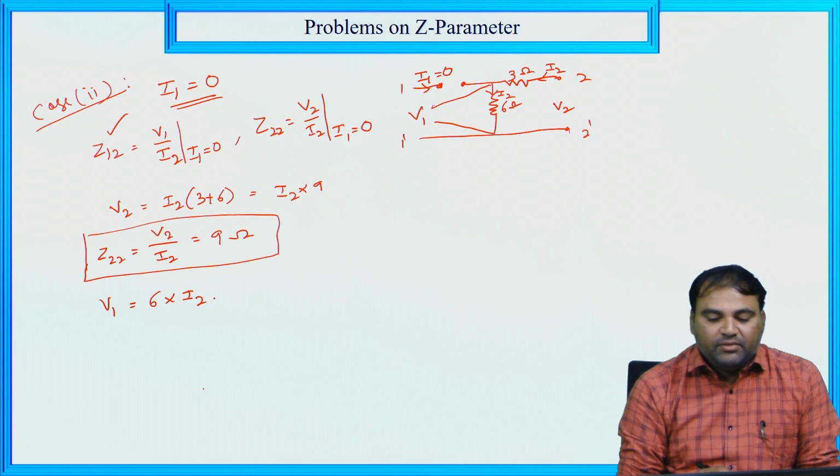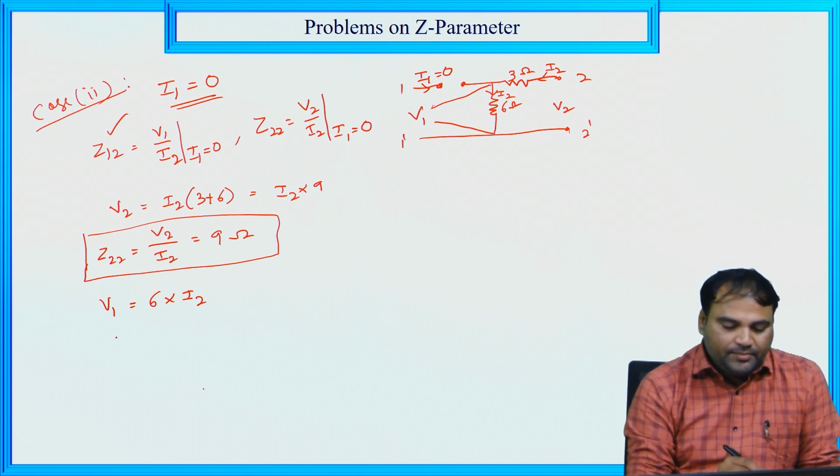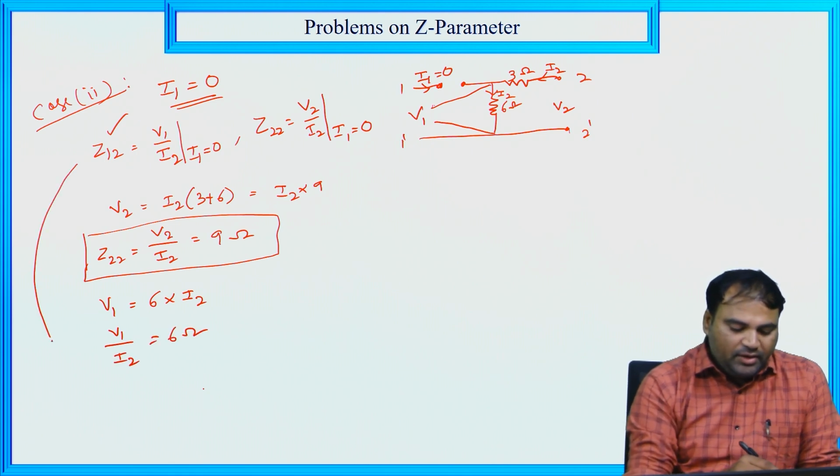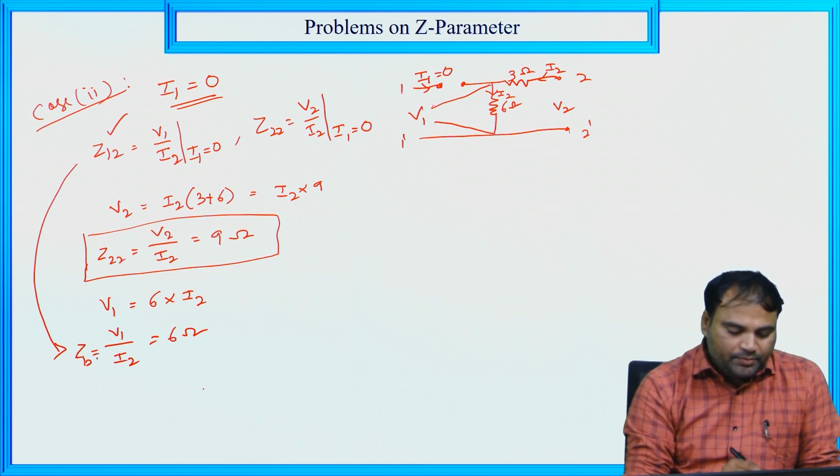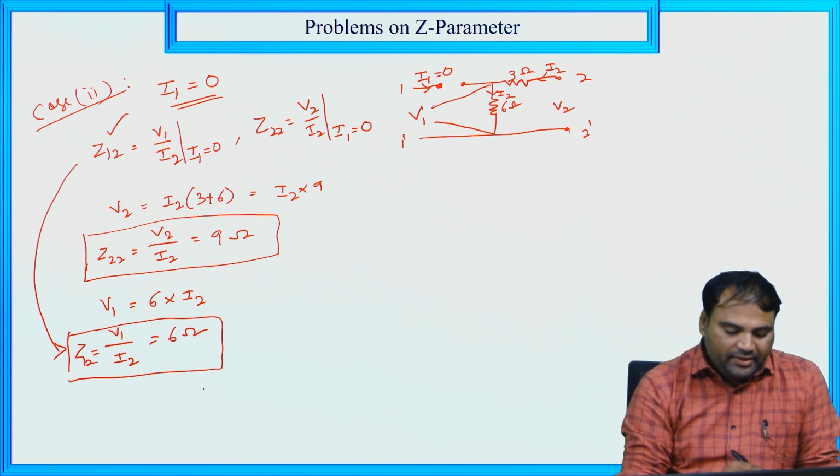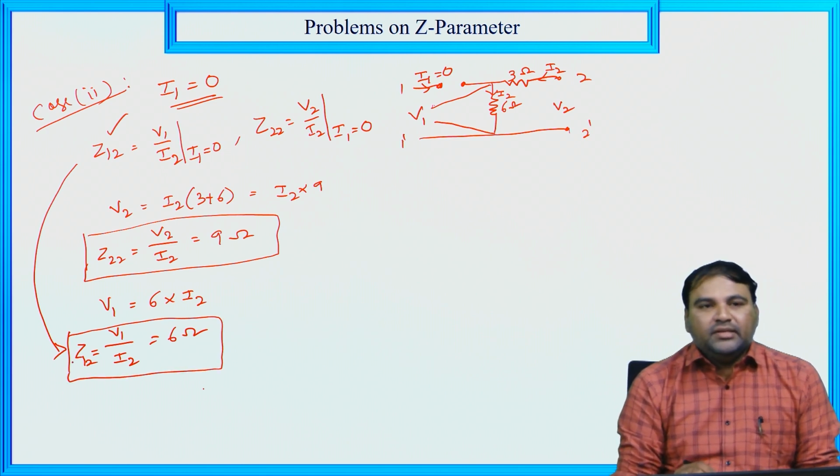So V1 by I2 equals 6 ohm, which is nothing but Z12. So Z12 equals V1 divided by I2, that is equal to 6 ohm. Right? These are the 4 parameters.